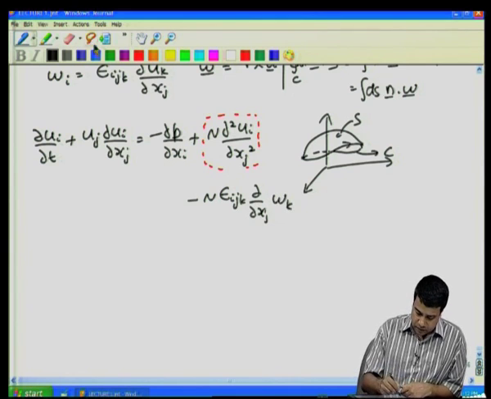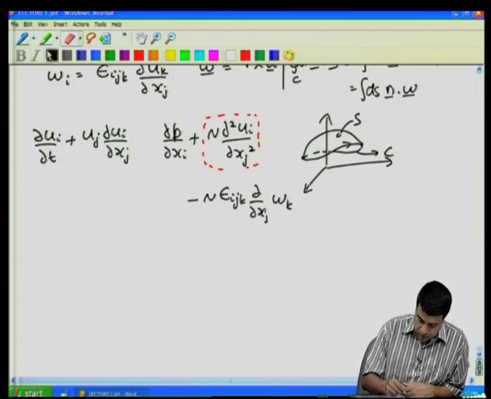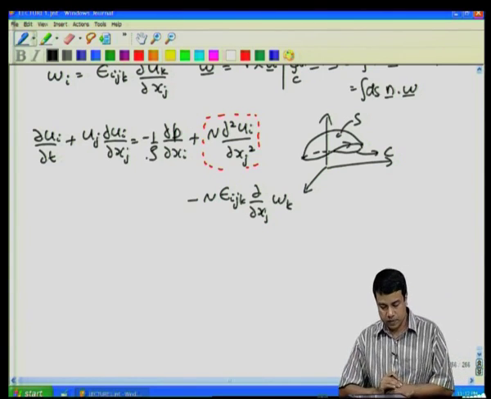Okay. For the pressure, I need a 1 over density here. So, please note that correction. This is equal to minus 1 over rho times partial p by partial x_i.